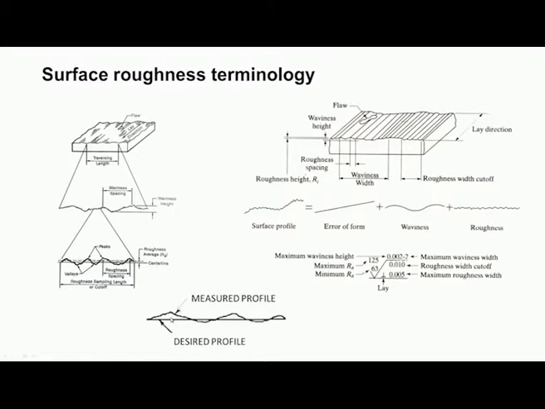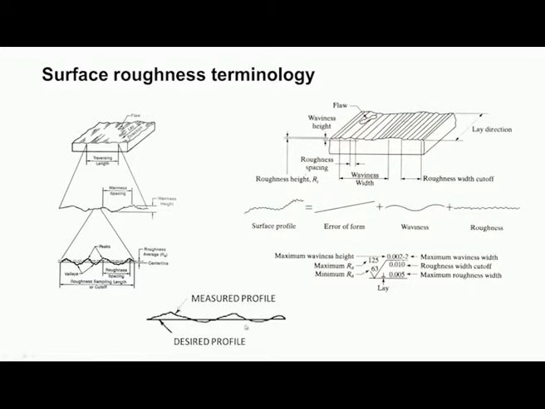Actually, when the mechanical engineer specifies the roughness, he specifies a desired profile like this, which is almost flat and straight. But when we actually cut the workpiece using a machine tool and cutting tool, we get a profile like this. When we measure it, we get a profile like this.